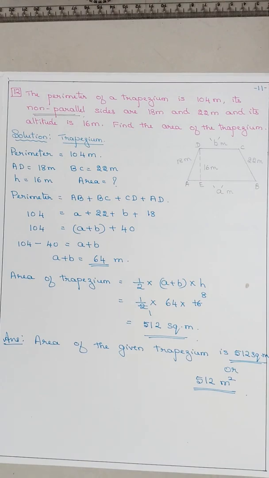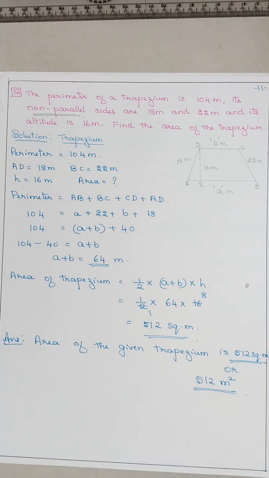So we have completed the trapezium topic. What is the formula? Area of the trapezium is equal to half into A plus B into height. Different types of sums are there. Sometimes area is given and H you have to find out, or one of the sides you have to find out, or sometimes one side is greater than the other, one side is lesser than the other, or sometimes it is given in ratio.